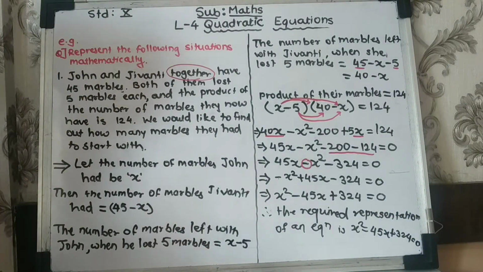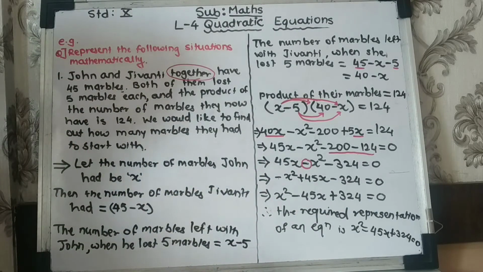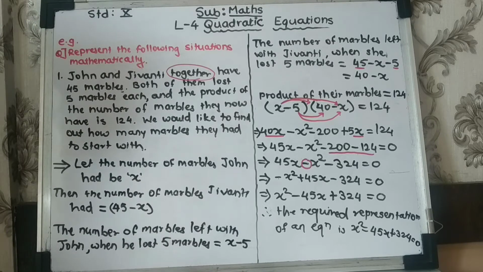Got it? So this is the mathematical equation we have got after solving this. Have you understood this one? So we will proceed with exercise 4.1. From that we will first take question number 2 and then we will take question number 1.